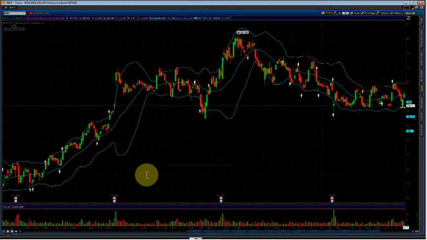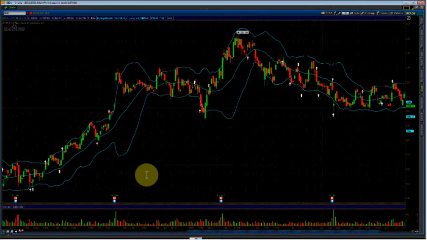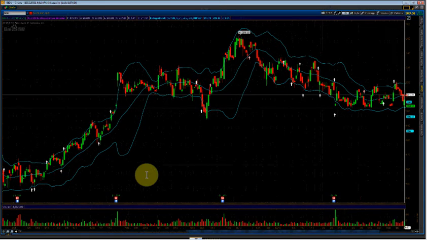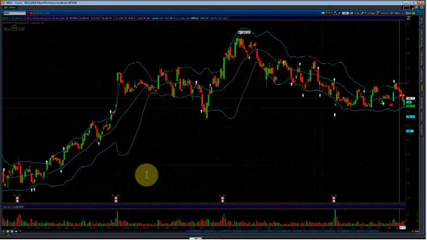Now here, you notice that by the time we made this move right here, our moving average was going sideways. Let me back that up one candle. And actually, you could even say it might have been pointing down. Do you see that?